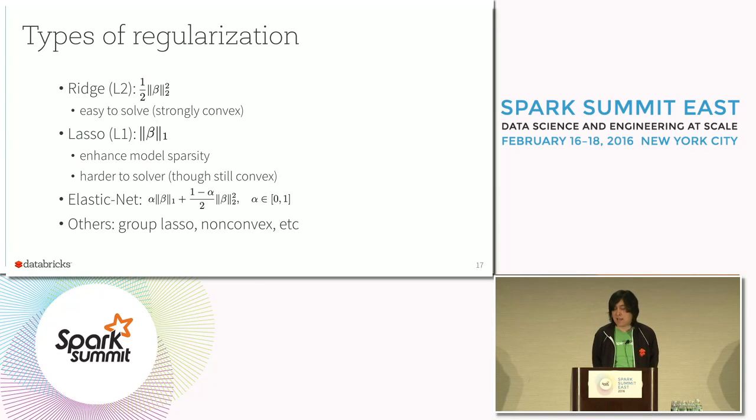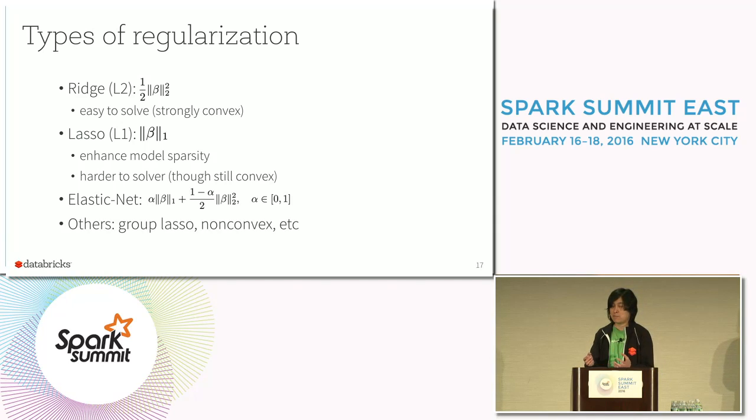There are many types of regularizations, and in MLlib we support L2. It's also called ridge regression, or ridge regularization. Essentially, it's just the squared two-norm. It's very easy to solve with L2 regularization because it's strongly convex. Then we also have the L1 regularization, called Lasso, a very popular model. It can help enhance the model sparsity.